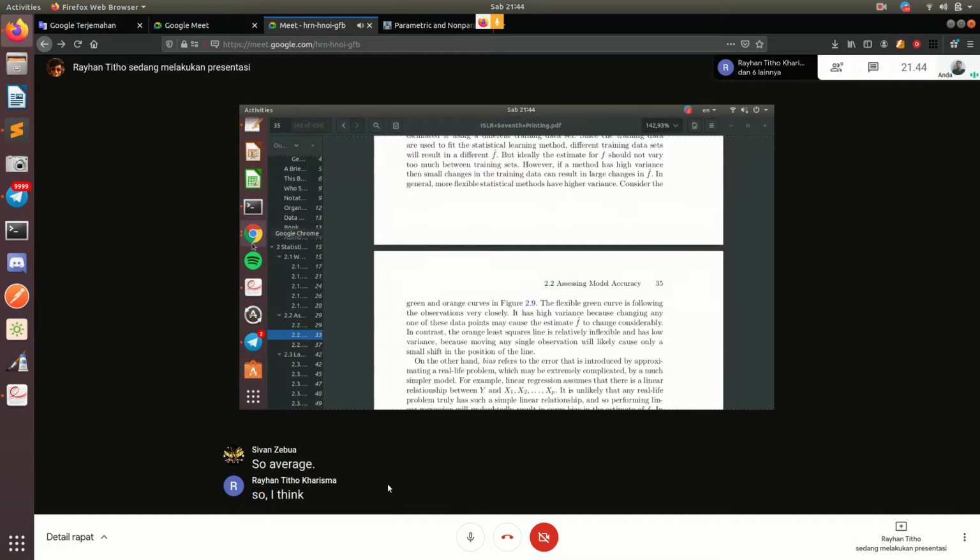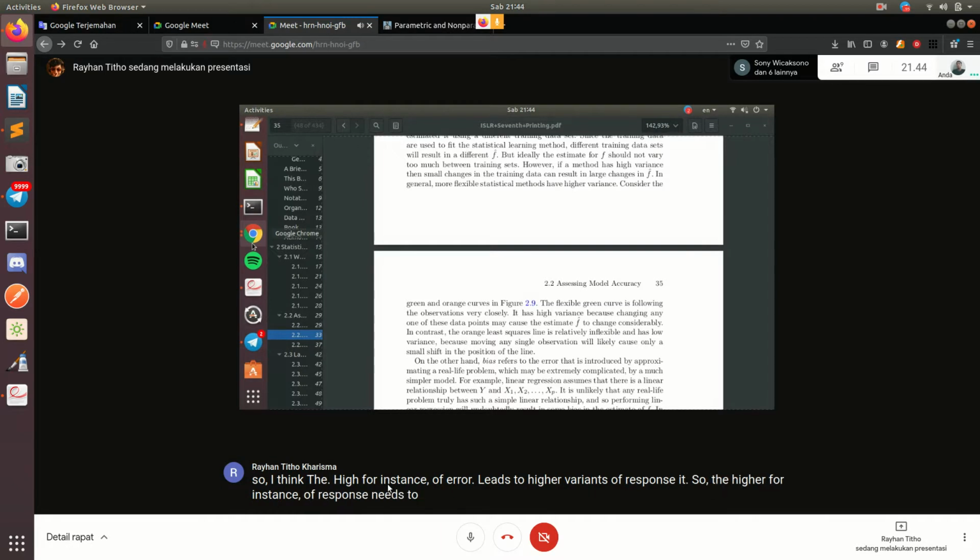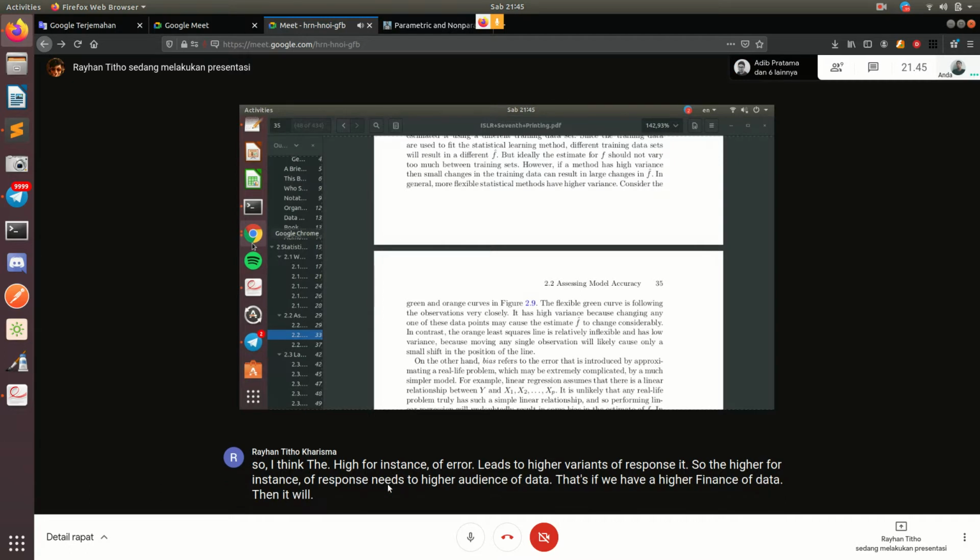I think the high variance of error leads to higher variance of response. So the higher variance of response leads to higher variance of data. So if we have a higher variance of data, then the data is not that linear.